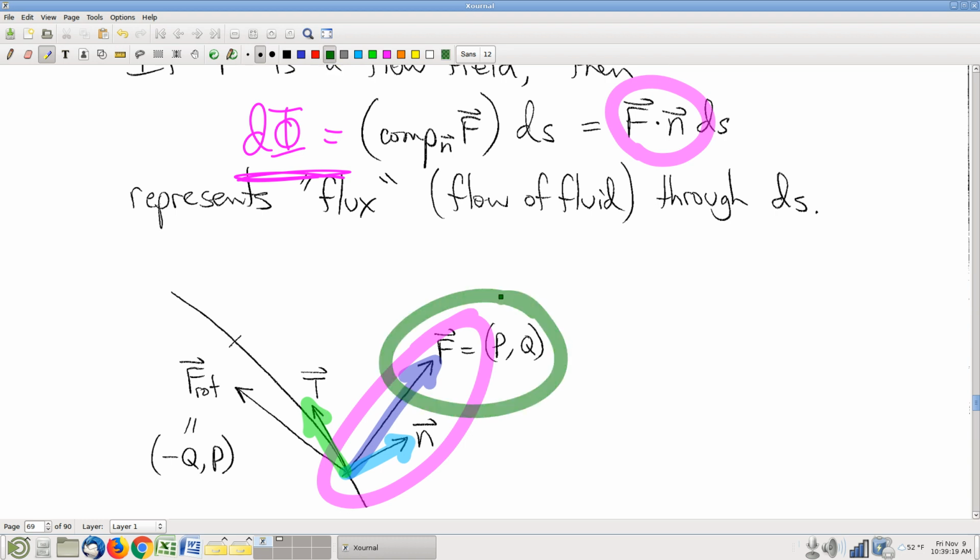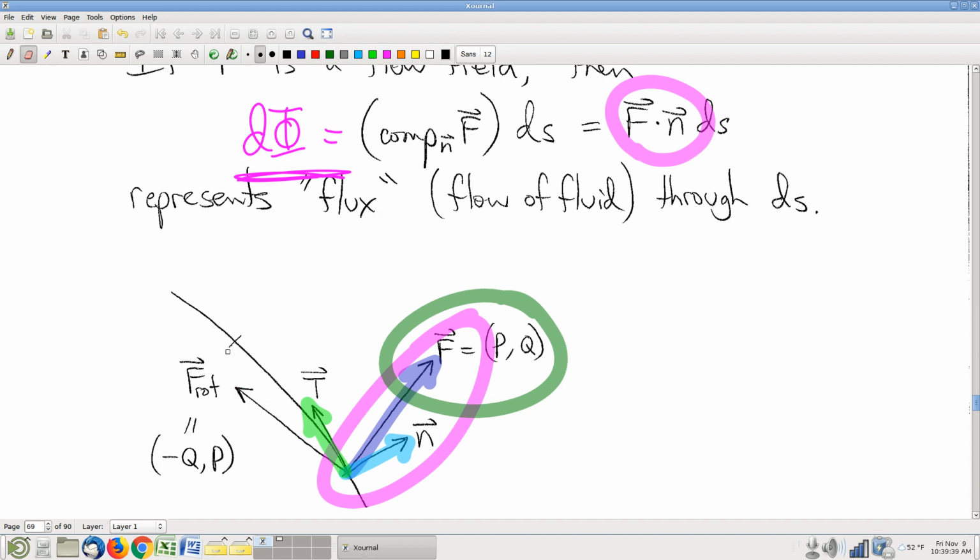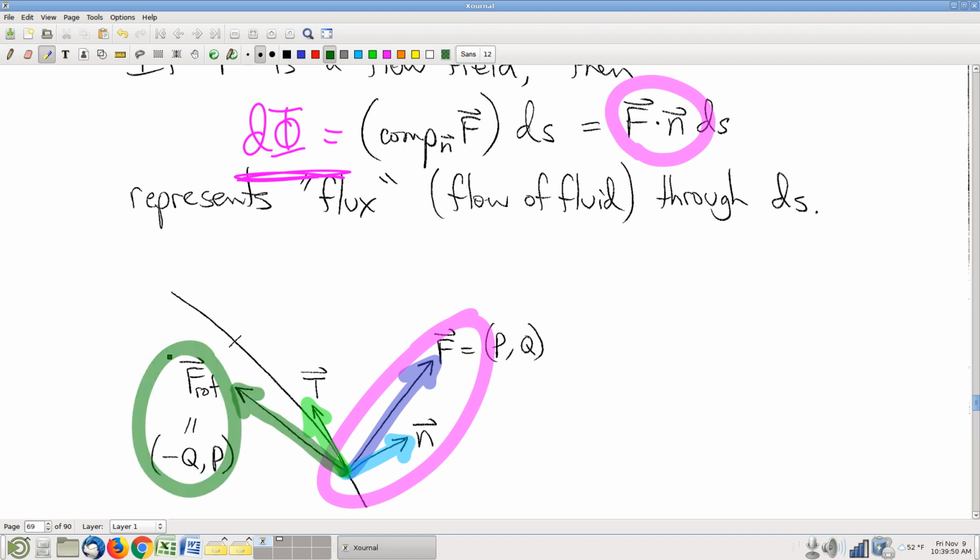When you rotate a field vector 90 degrees, I'm just going to appeal to your memory of chapter 12. If you want to rotate something 90 degrees, the dot product of those two vectors is 0 because they're perpendicular, and it's got the same magnitude, and it's not hard to persuade yourself that this rotation of F is just negative Q comma P. Same magnitude as PQ.